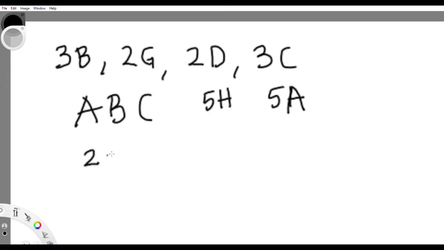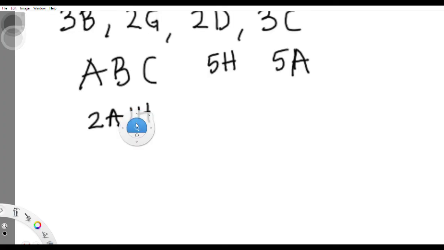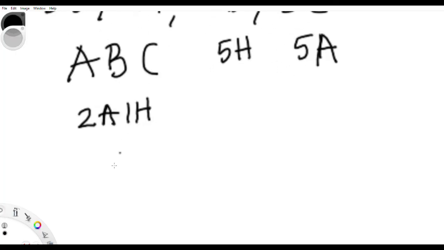2 animals and 1 human. Since we are picking 2 animals, that's 5 combination 2, and 5 combination 1. Now there isn't any other possibility with which animals will be more than humans.